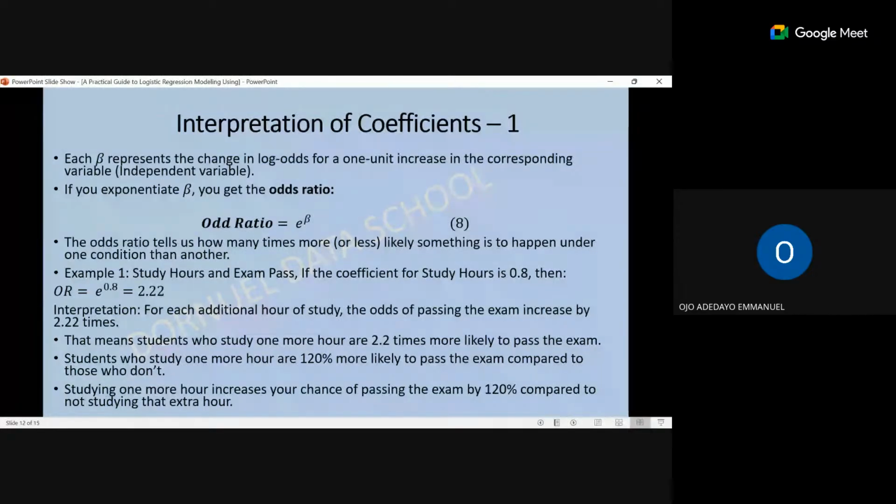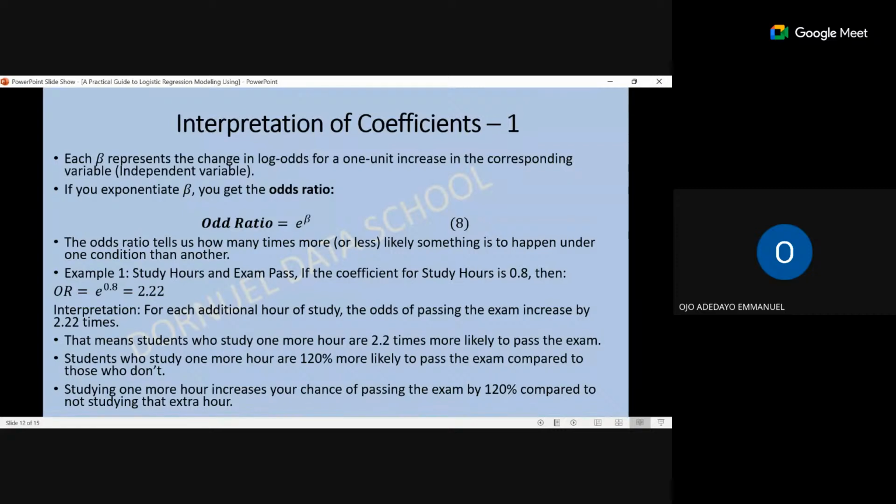That is, if this particular student studies for 1 hour, the odds of that student passing the exam increase by 2.2 times. Now, let's say the person studies for 2 hours.